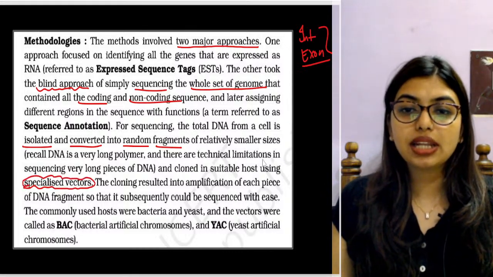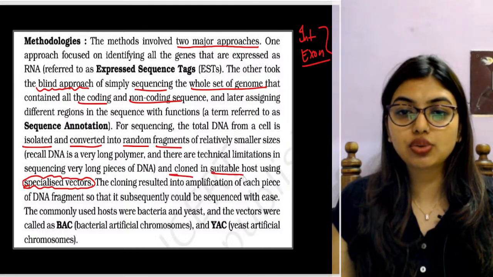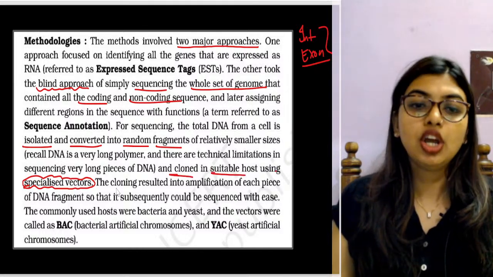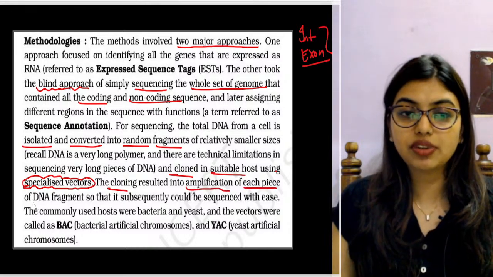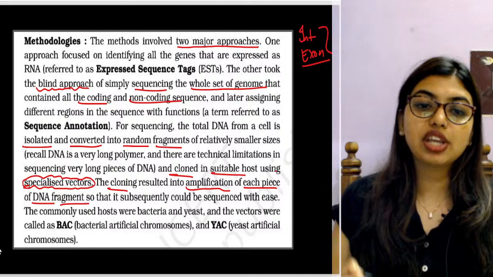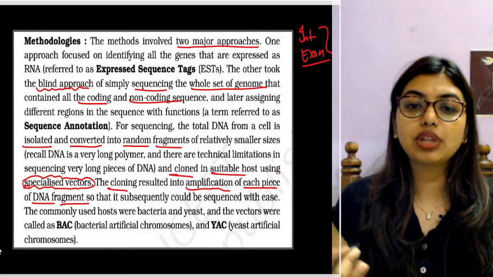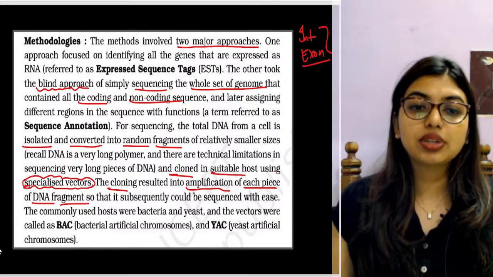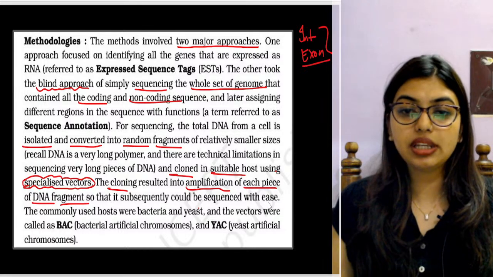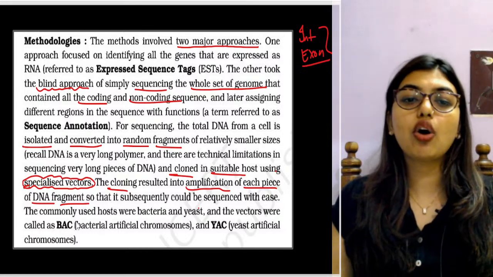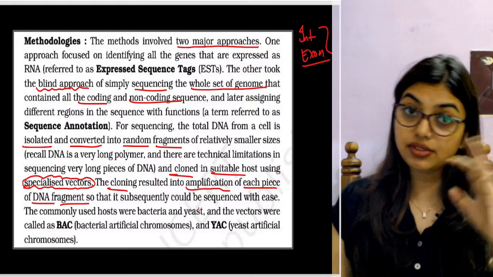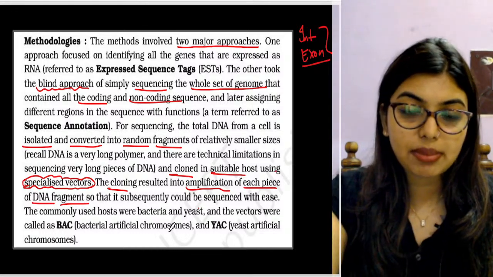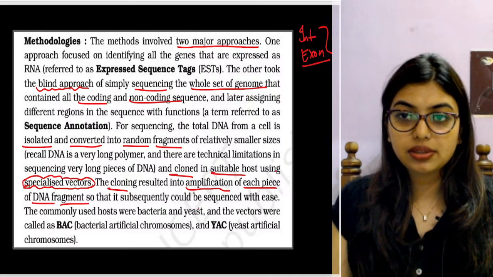The cloning resulted in amplification of each piece of DNA fragment. Amplification means we increase the number. We can do that with the help of PCR as well. So here we did amplification so that it could be sequenced. Now the commonly used hosts were bacteria and yeast, and the commonly used vectors were BAC and YAC, which I told you in a previous class as well. BAC and YAC.